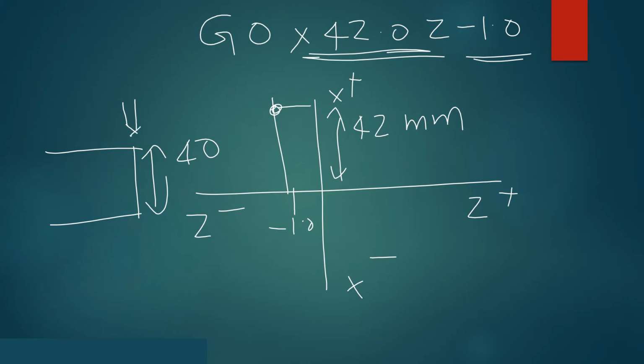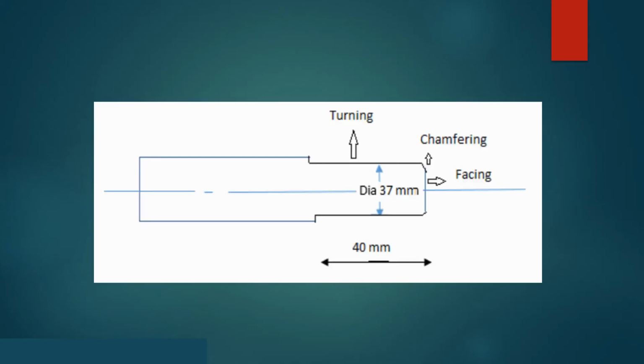From the reference surface, it is at 42 and a little bit inside. When we do the facing, we have to remove the metal from the front face. How much mm are we going to remove? 1 mm we are going to remove from here. You see here. This is the operation we are going to perform. Here we are going to do the facing operation.